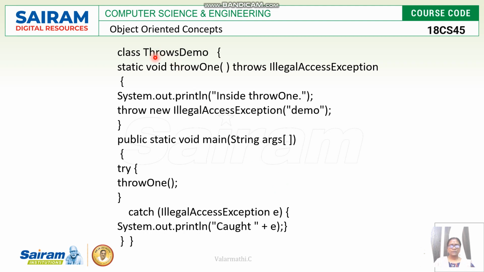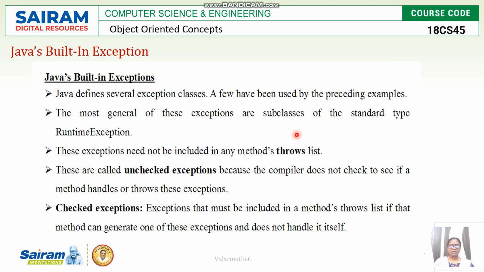This is one example of how throws exceptions are used. Here it uses the class name ThrowsDemo, static void throwOne, throws IllegalAccessException, and it displays the message inside throwOne, throw a new IllegalAccessException of demo.